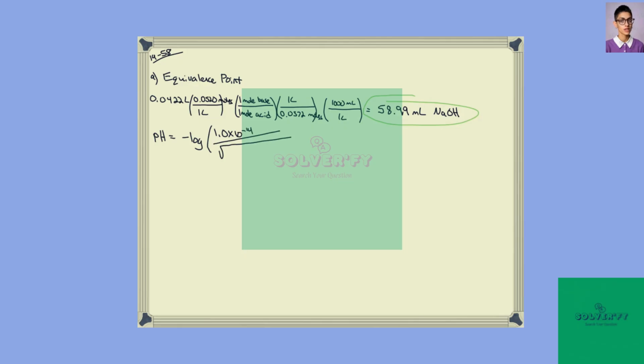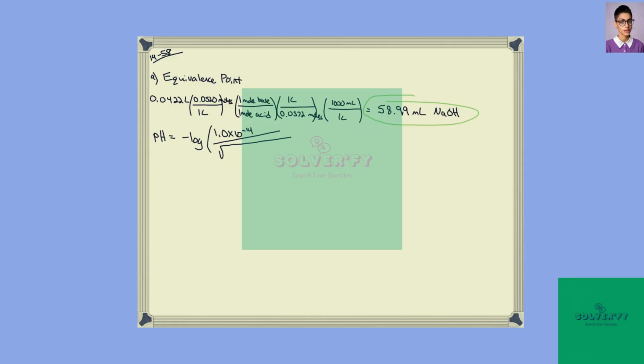So if pH is equal to the negative log of the hydronium concentration, and we are calculating the hydroxide concentration first, then we need to divide the hydroxide concentration into Kw, 1.0 times 10 to the negative 14, to get our pH. So pH is equal to negative log of the hydronium concentration, which is Kw divided by the hydroxide concentration.